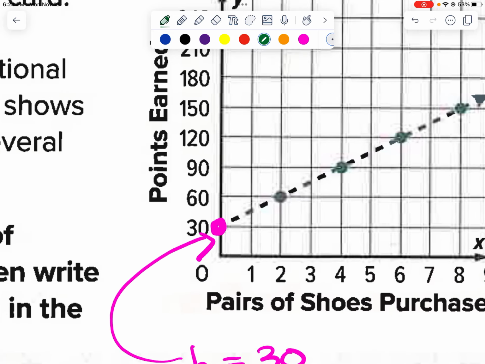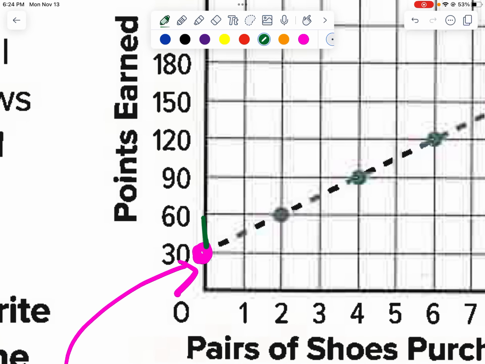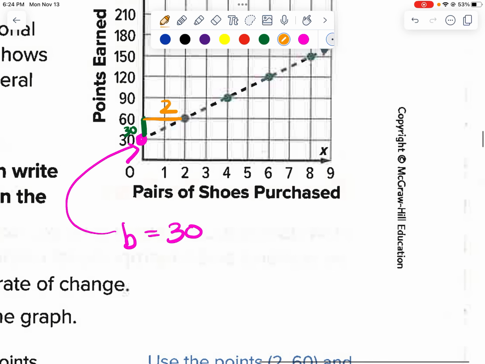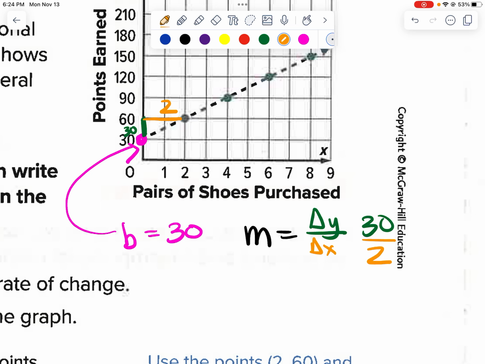If I'm going to look at the slope, how far up did it go? It went from 30 to 60, so that's 30. From here to here, how far over did it go? It went over 2. So when I'm talking about slope or rate of change, I'm talking about the change in y, which was 30, over the change in x, which is 2.